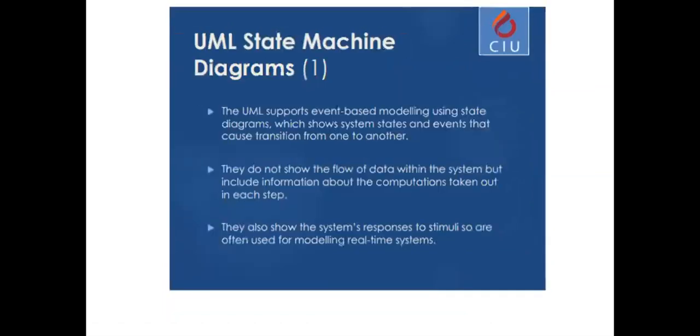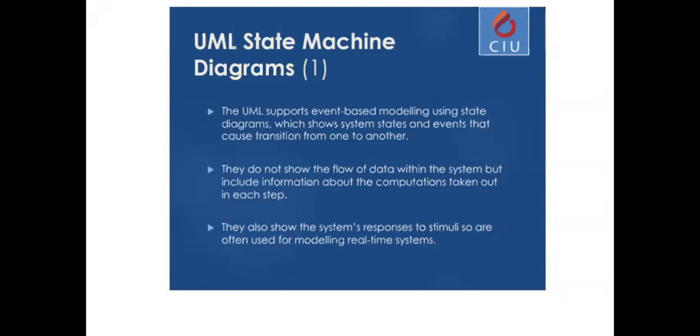The UML supports event-based modeling using state machine diagrams, which show the system states and the events that can cause transitions from one to another. They do not show the flow of data within the system, but include information about computations carried out in each step. It also shows the system response to stimuli, so they are often used for modeling real-time systems.